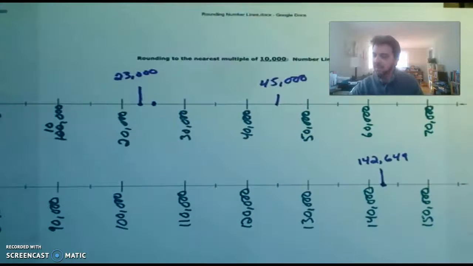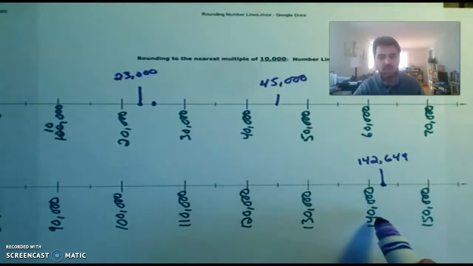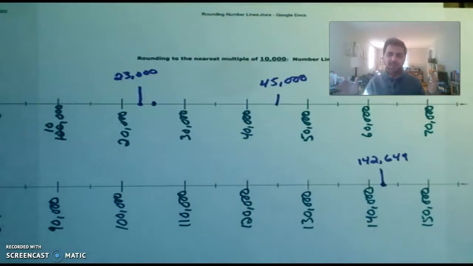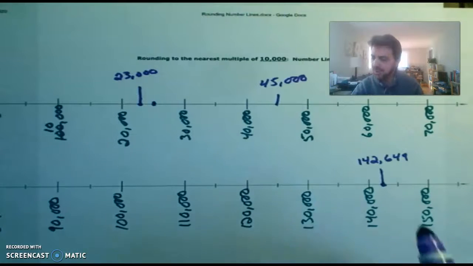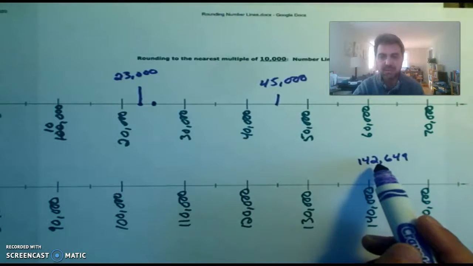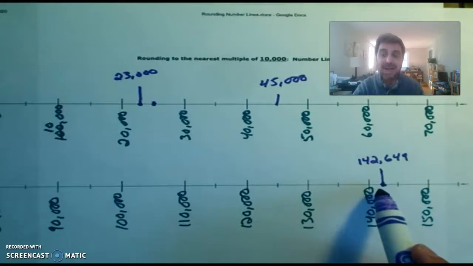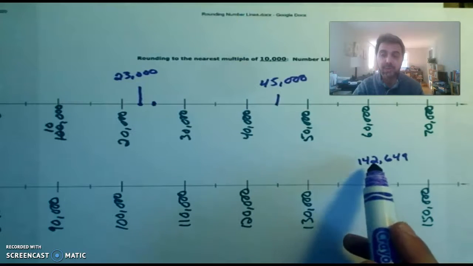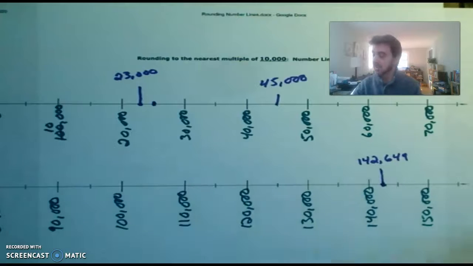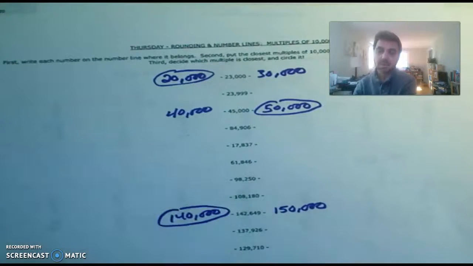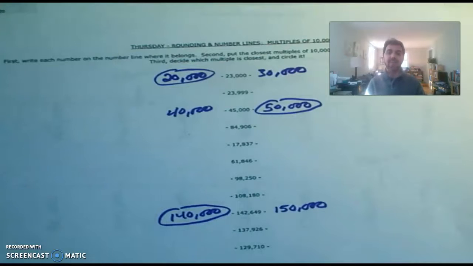Because look, you can look at it and it's closest to 140,000. Because why? What digit or what place value helps you to see that? Well, I noticed I used the 2 in the thousands place because that told me it was less than 145,000. It was only 142,000. So that tells me that it's closest to 140,000.